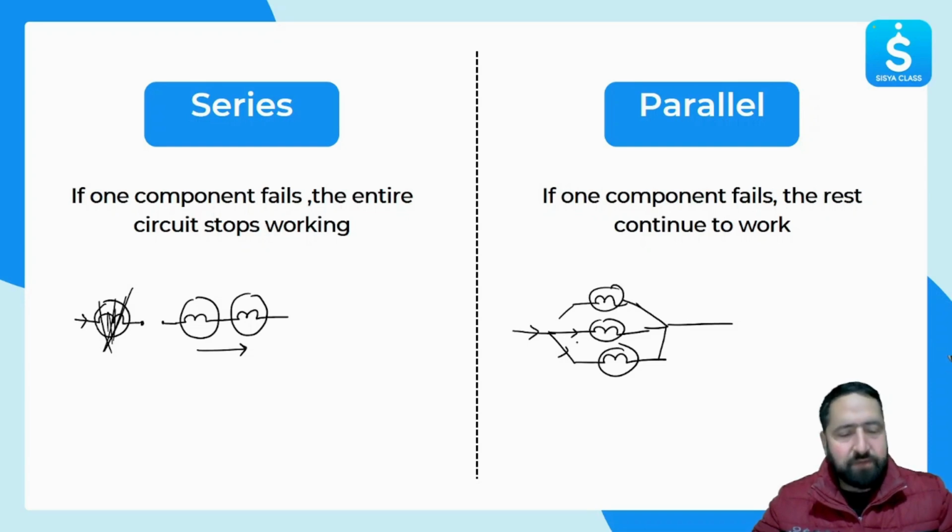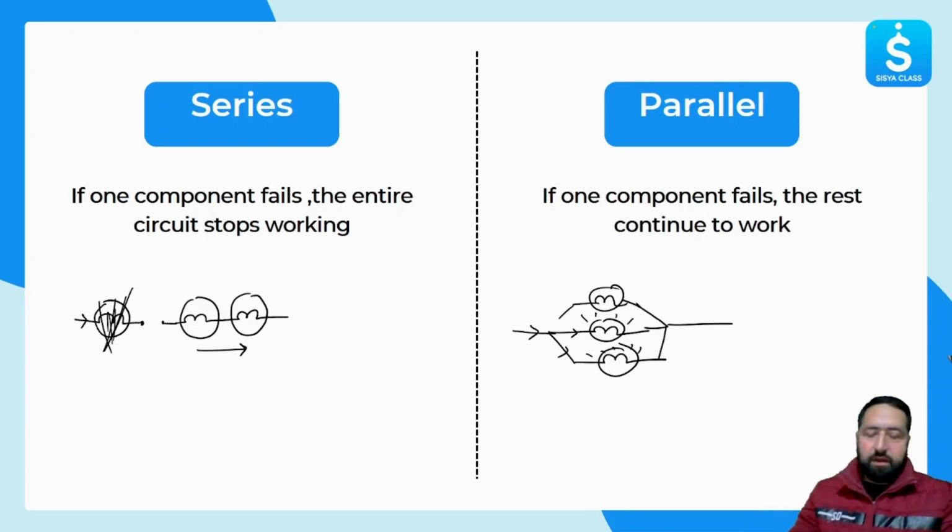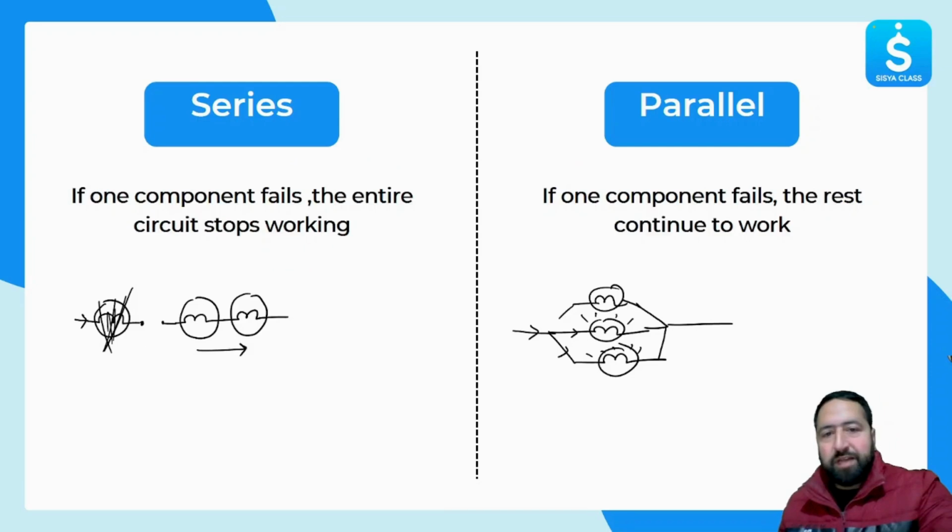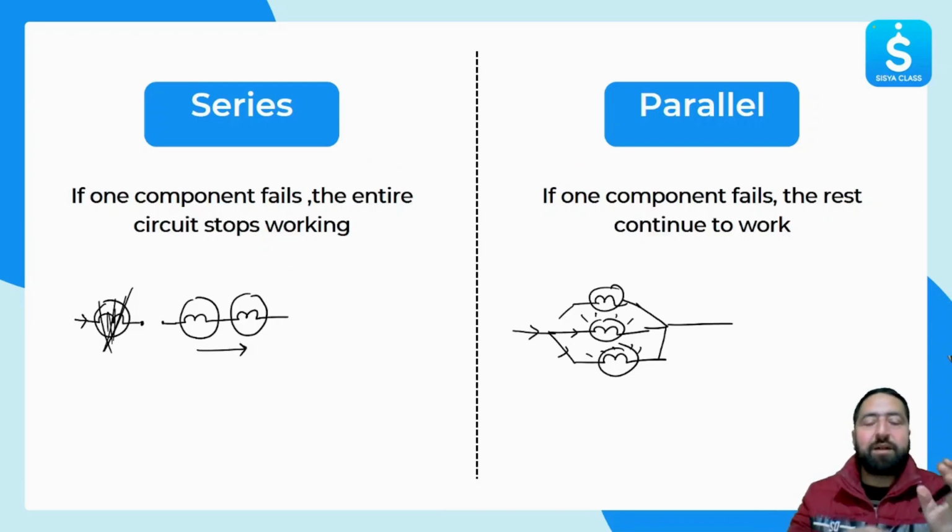Current through these will still flow, so they will be working. So if one component fails in parallel, the rest will continue to work. Got it? Very good. So that was the difference between series and parallel connections.